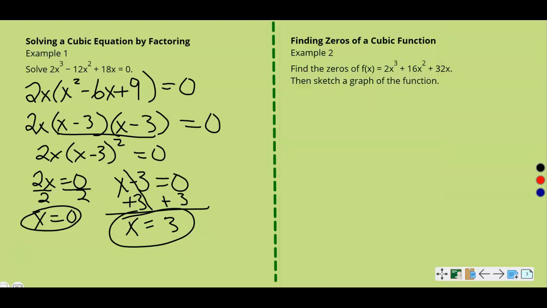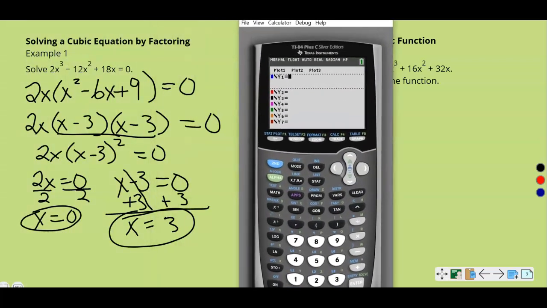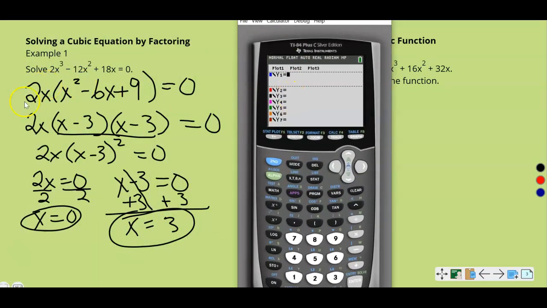All right, so I'm going to just graph my function here. You can either graph it in standard form or you could graph it in factored form if you want to.